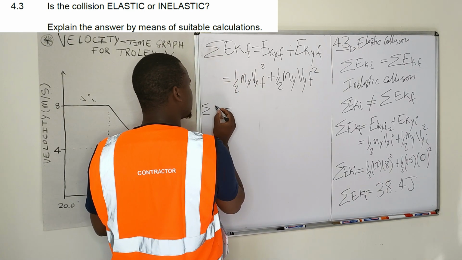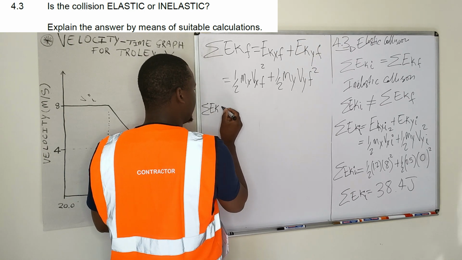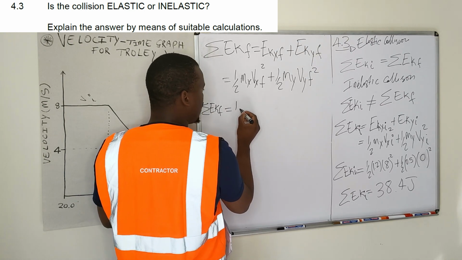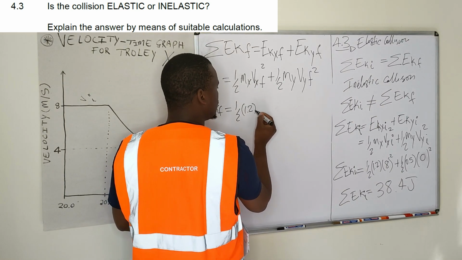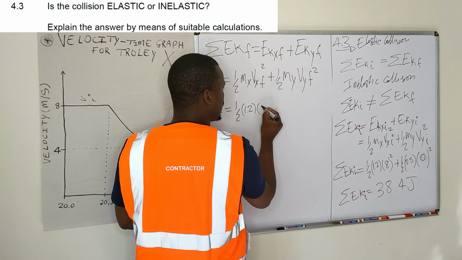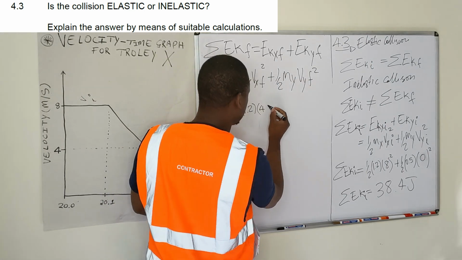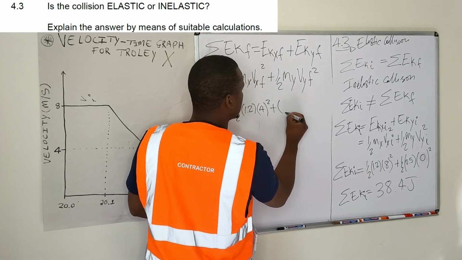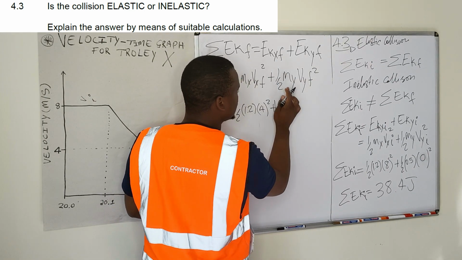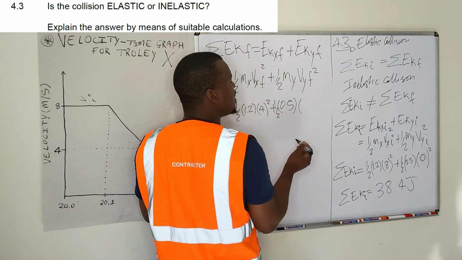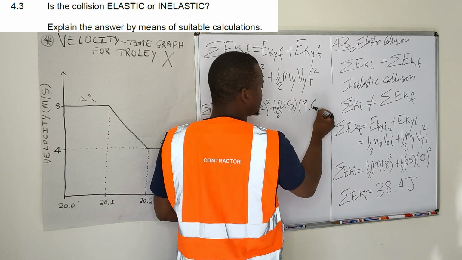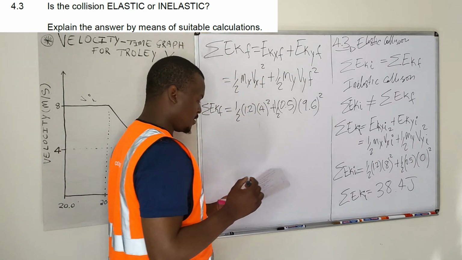So the sum of EK finals is equal to 1 over 2 times the mass of X, which is 1.2, times the final velocity of X, which was 4, squared, plus 1 over 2 times the mass of Y, 0.5, times the final velocity of Y, 9.6, all squared right there.